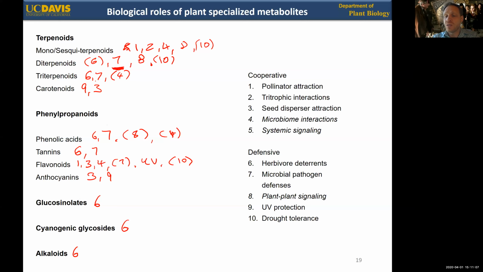Whereas those that are more family specific tend to be more defensive functions, and especially those that we are touching on this quarter seem to be more involved in general herbivore defenses. Right? For the glucosinolates, though, we should definitely also add that here. I've overlooked that. They certainly also have clear pathogen defensive functions.